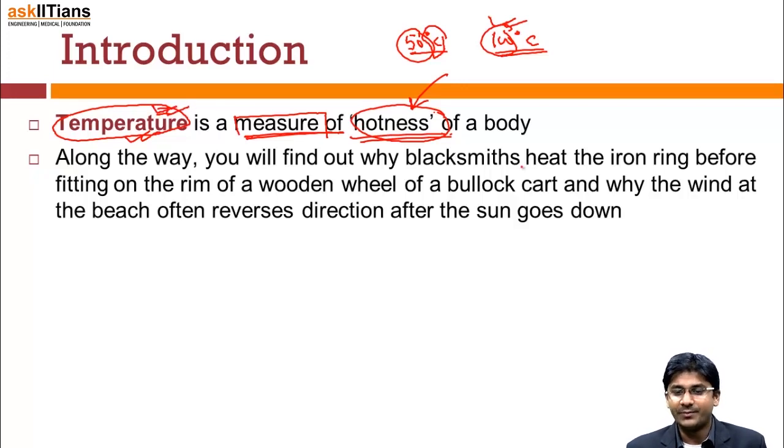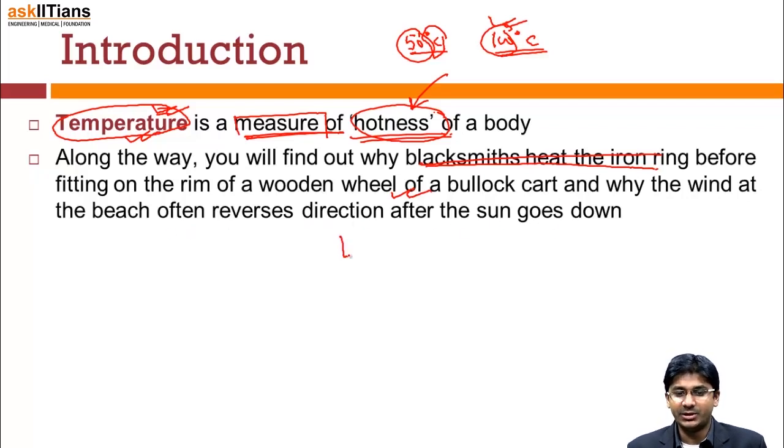Along the way we will find out why blacksmiths heat the iron ring before fitting it on the rim of the wooden wheel. We'll see how this expansion and contraction leads to all these interesting phenomena that we see in our daily life, and why the wind at the beach often reverses direction after the sun goes down.